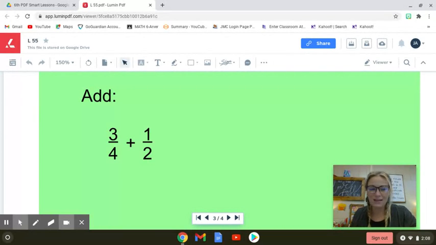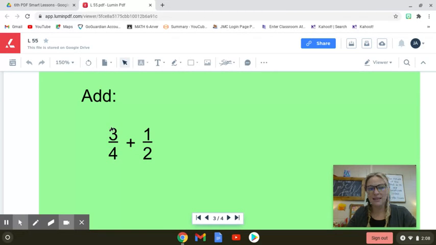And that's because 4 can go into 4, right? 4 divided by 4 is 1. So 4 can go into 4, and 2 can go into 4. But let's think about that backwards. 2 can go into 2, but can 4 go into 2? No. Or is 2 divisible by 4? Not perfectly. So we stick with the larger number to stay as is.